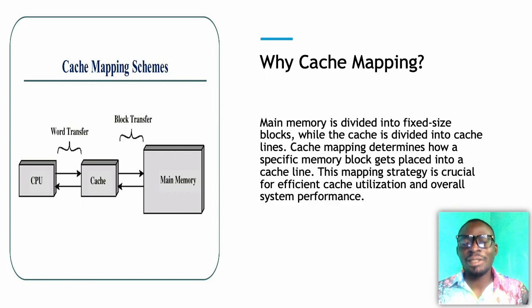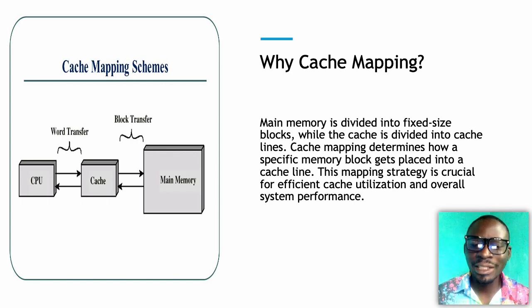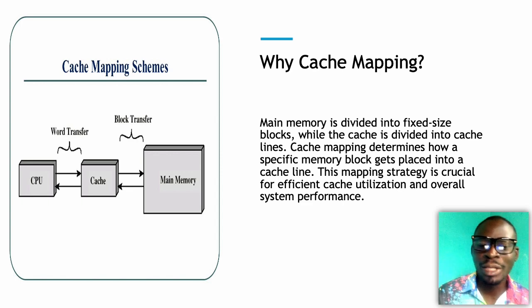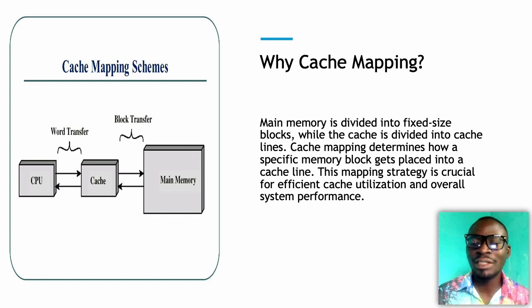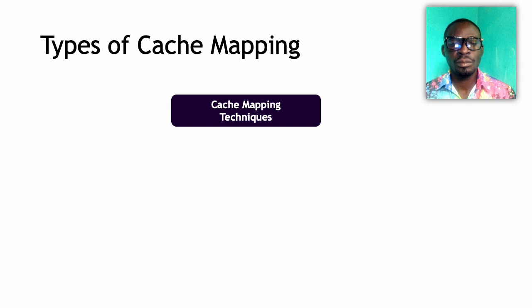The main memory is divided into fixed-size blocks, while the cache is divided into cache lines. Cache mapping determines how a specific memory block gets placed into a cache line. This mapping strategy is crucial for efficiency, cache utilization, and overall system performance.